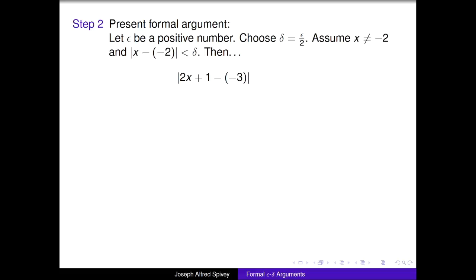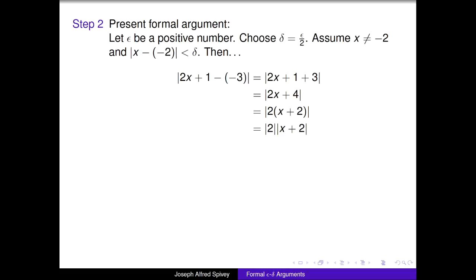So the first thing I'll do is I'll start with my f of x minus L, and I'll replace minus a negative 3 with plus 3. I'm going to combine my constant terms, the 1 and the 3, add together to make 4. I'm going to factor out a 2. I'm going to separate it using the absolute value rules.